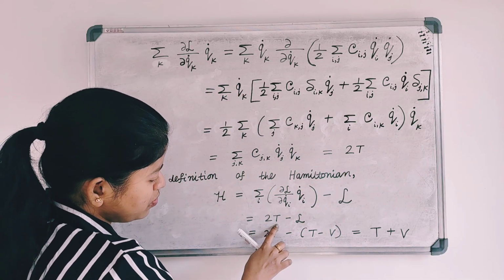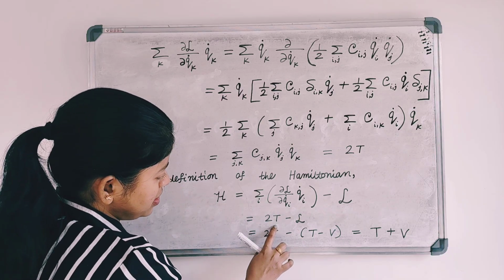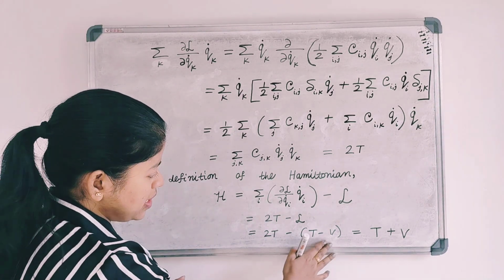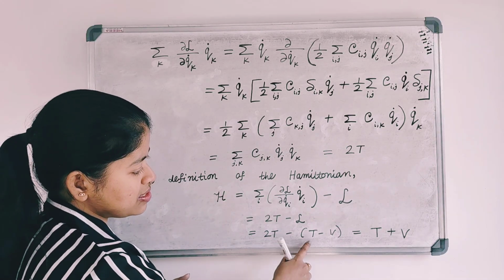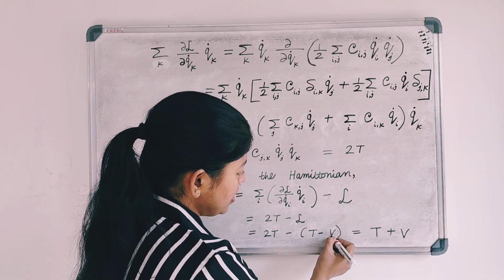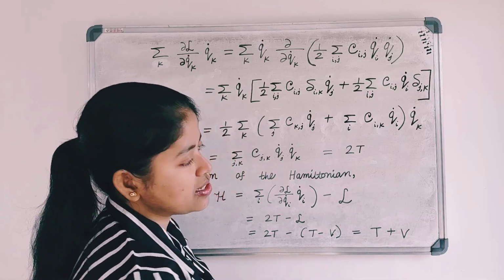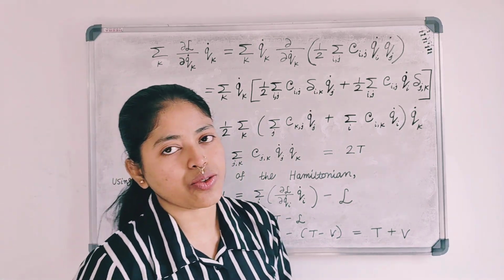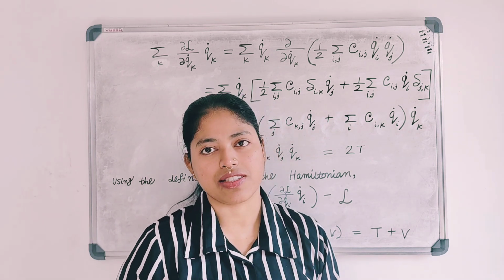As we know that L equals T minus V, we get 2T minus (T minus V), which is T plus V. So here T plus V is the total energy of the system. So in case of homogeneity of time, the total energy of the system is conserved.